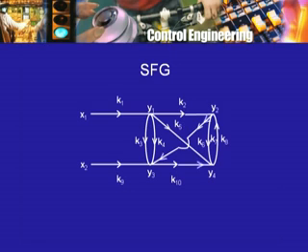Now I am going in the order y2 to y3 to y4. Maybe it's possible to go from y2 to y4 to y3 back to y2. I should check. Well, I can go from y2 to y4, all right, but from y4 I cannot go back to y3. So that loop y2, y3, y4 can only be traversed in one direction, namely y2 to y3 to y4, and not in the reverse direction.